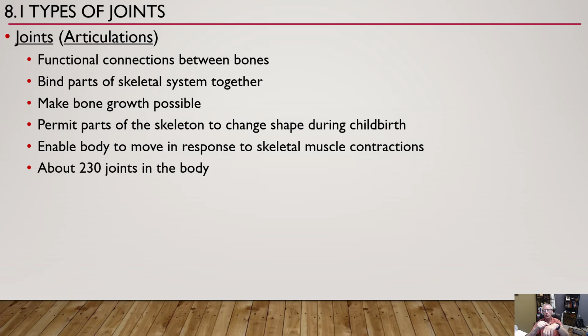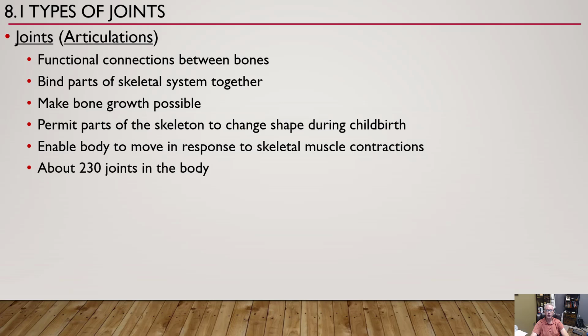Your metacarpal articulates with some of your carpals. So basically, an articulation or a joint is just a functional connection between bones, and they're going to bind your skeletal system together, make bone growth possible.